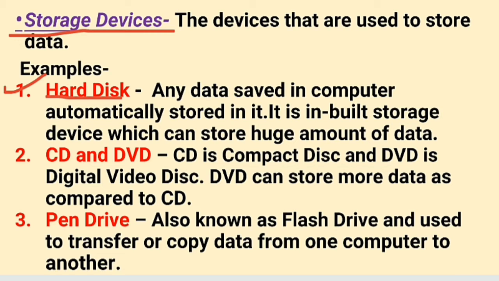When we save or write any data in the computer, it automatically gets saved in the hard disk. It is the inbuilt storage device, already present in the CPU box. It can store a huge amount of data.